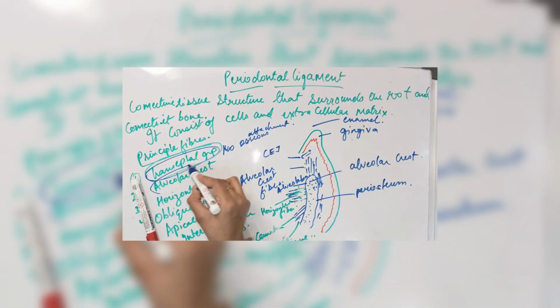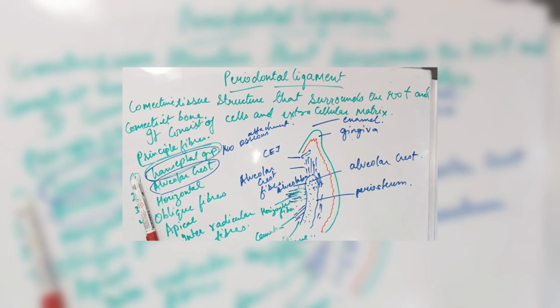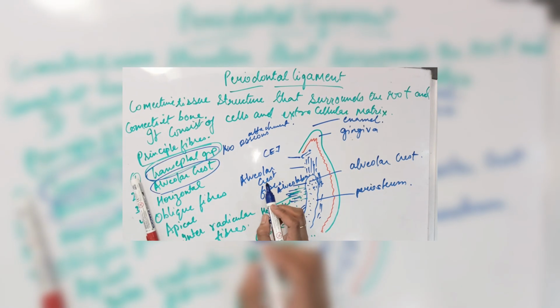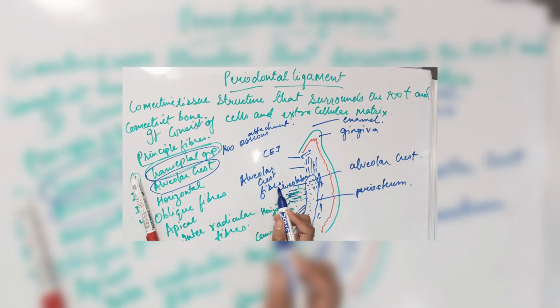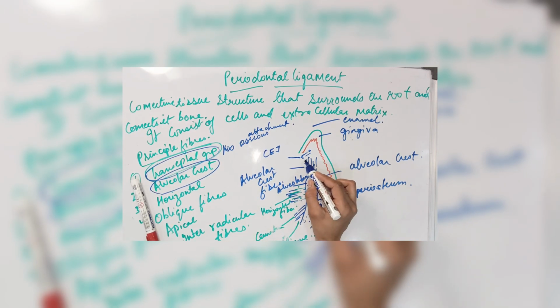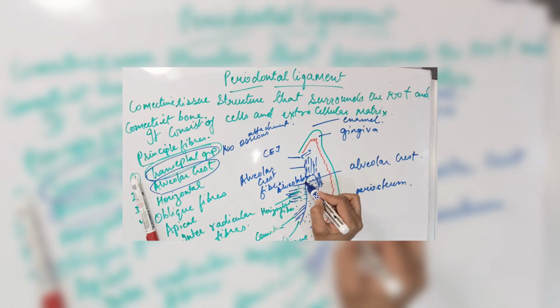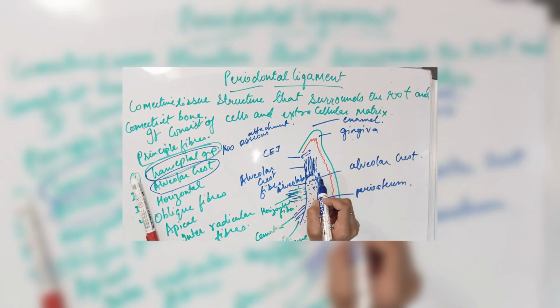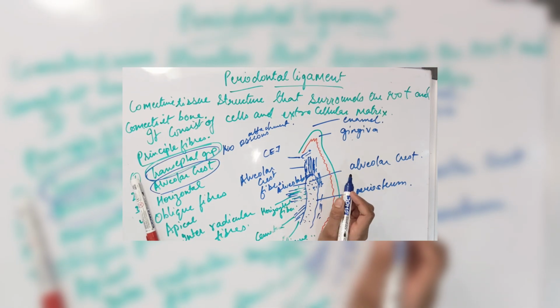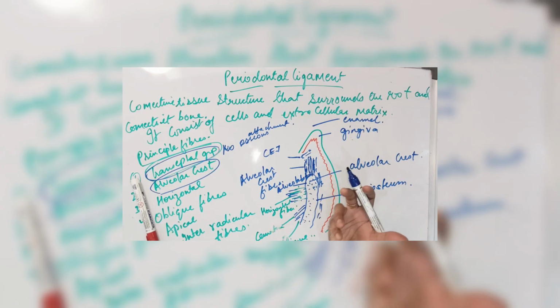Next comes alveolar crest. They extend obliquely from the cementum, like this one. From this cementum, the fibers run obliquely just beneath the junctional epithelium to the alveolar crest. And what is the main function?